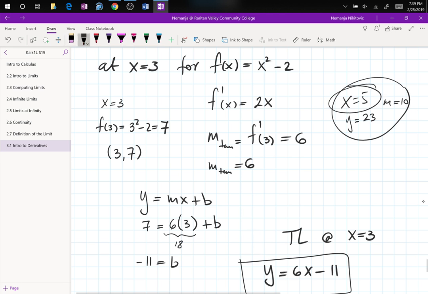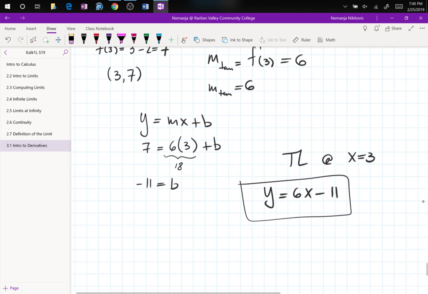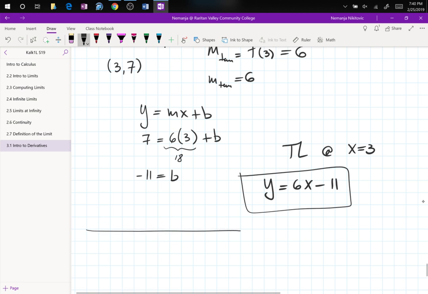So if you change the point at which you are looking for a tangent line, the entire calculation has to be redone to come up with a new formula, because the formula is good only at x equals 3. If you provide me with any other x, I have to redo the same procedure: you're giving me x to come up with a new y and a new slope, so I can calculate the b. So that's the full problem to find the equation of the tangent line.